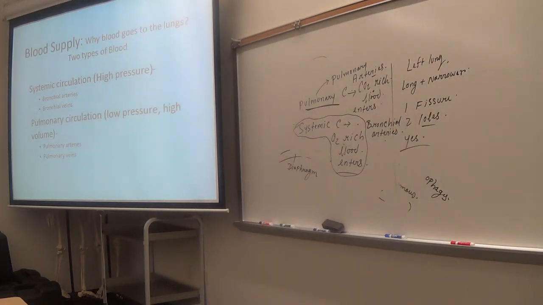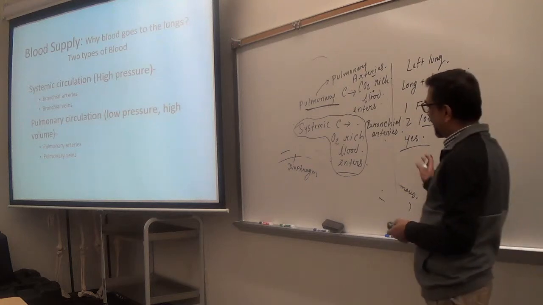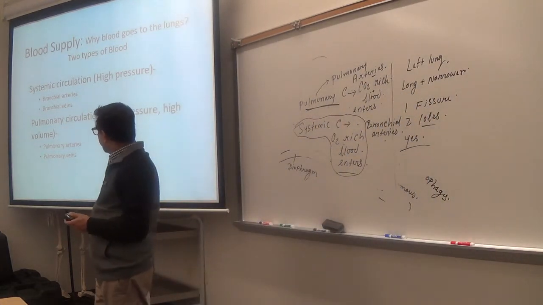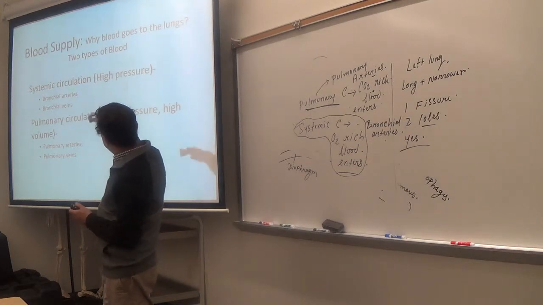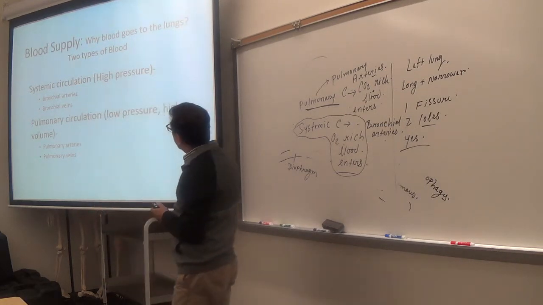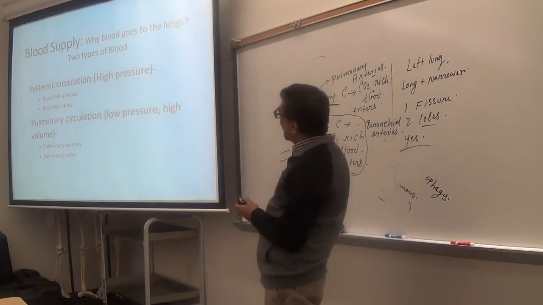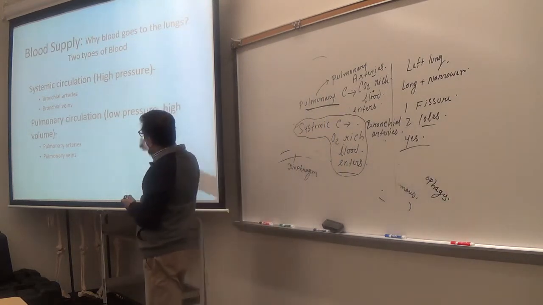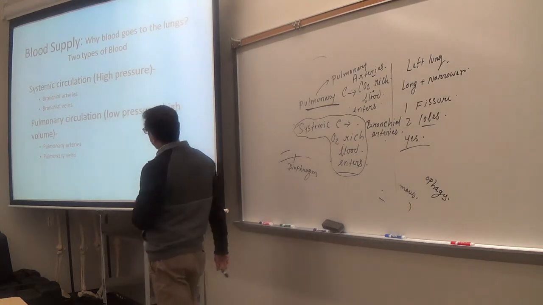Okay? So bronchial arteries take the oxygenated blood to the lung, and bronchial veins bring the deoxygenated blood back. So that is the blood supply of your lung. Okay? And we know that systemic is a high pressure system and pulmonary is low pressure.